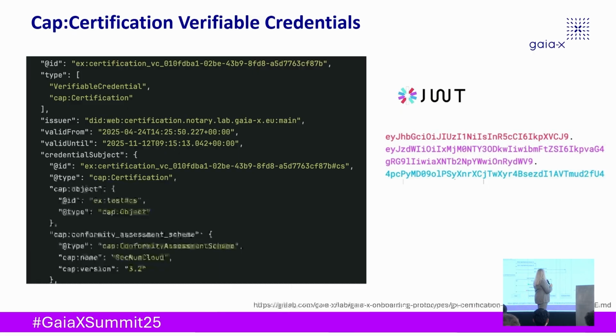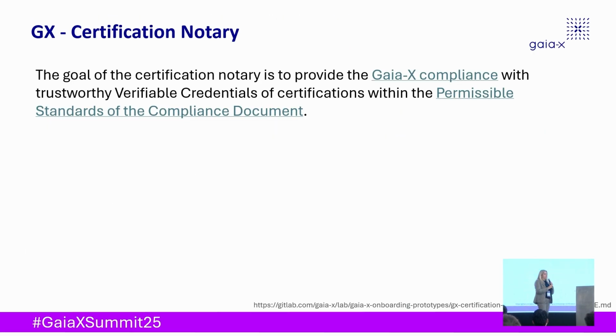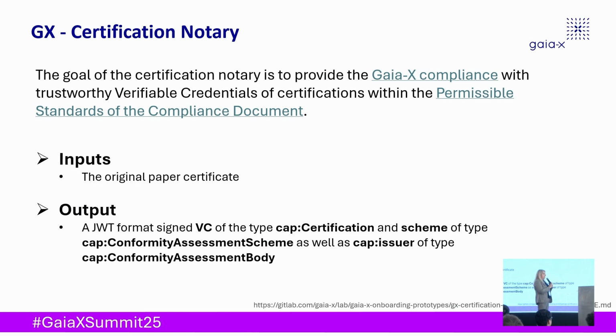In case the conformity assessment body is not able to directly issue a verifiable credential, which we foresee will happen more and more in the future, for the moment we have this notary function. So we have accredited notaries, and notaries can be used, and there will be a dedicated presentation.